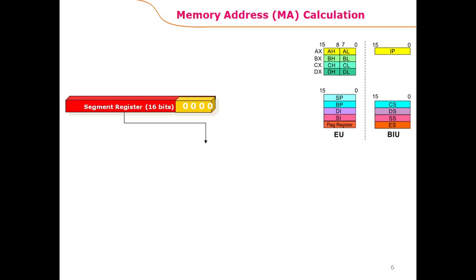That address calculation begins with taking a 16-bit value from one of the segment registers. These are the segment registers here in the bus interface unit.